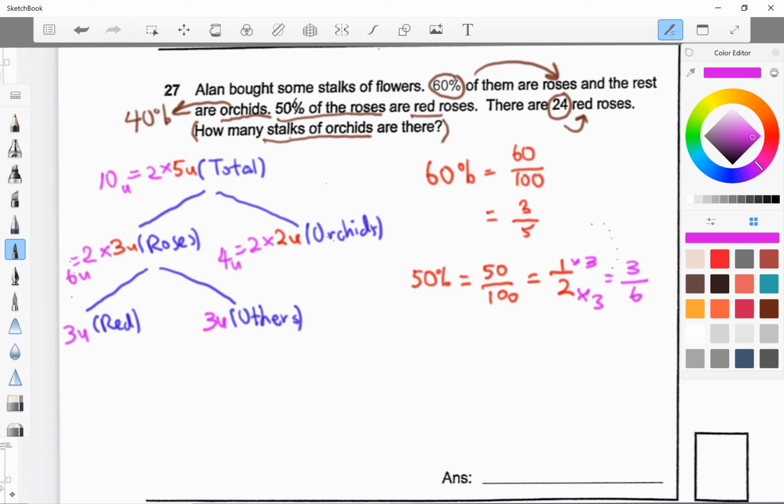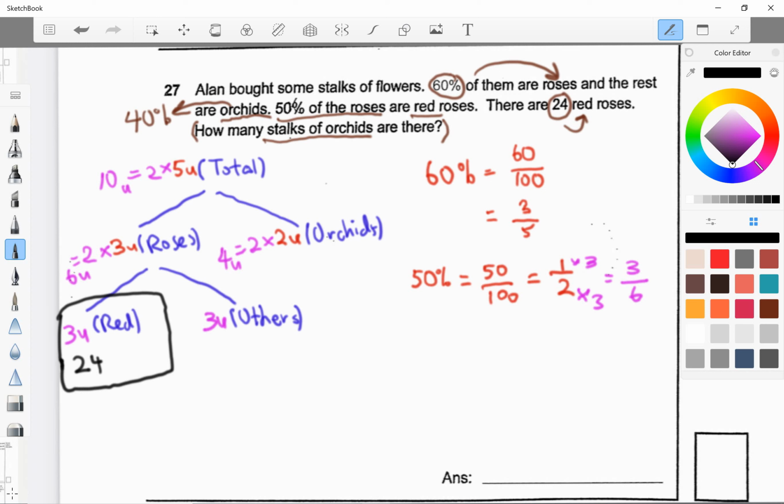And looking at the whole situation, I understand that there are 24 red roses. So I will put the number 24 below the 3 units, which represents the red roses. I will draw a rectangle, which indicates the starting point.